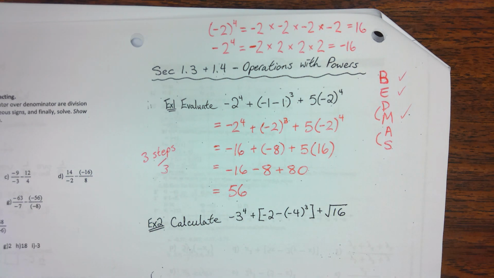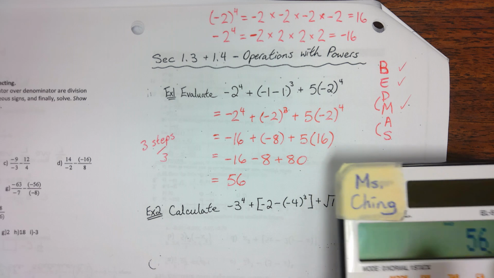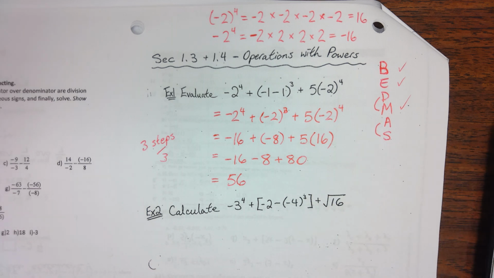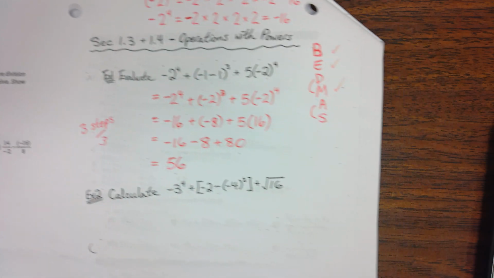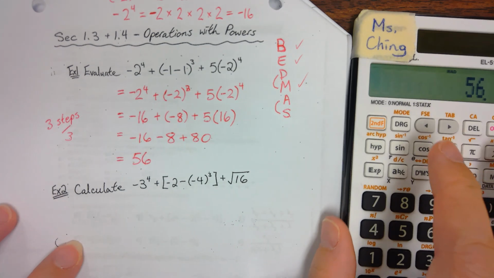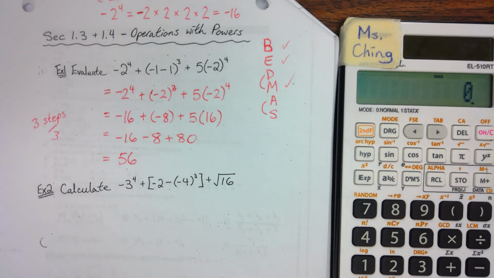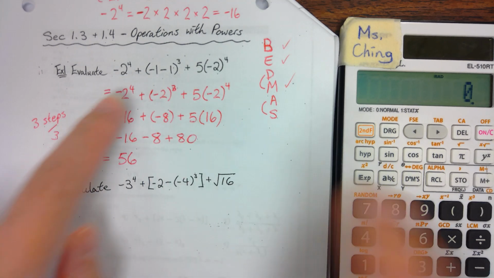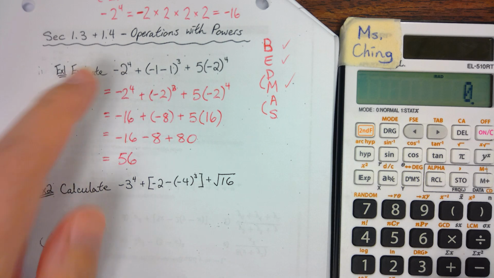Are you allowed calculators on the test? Yes, every single test you are allowed calculators, even for this number sets. So what I could do is after I show my 3 steps, I can actually use my calculator to check my answer to see if I got it correct.